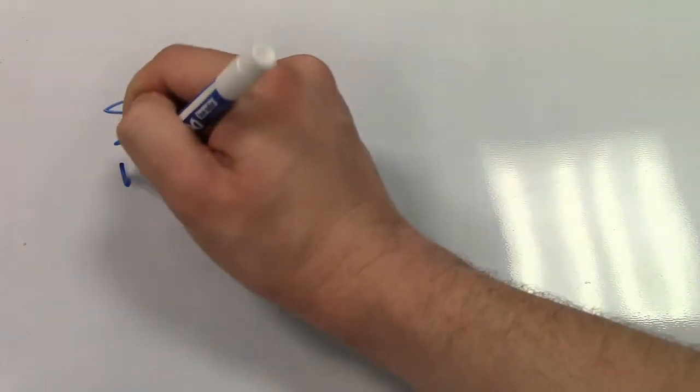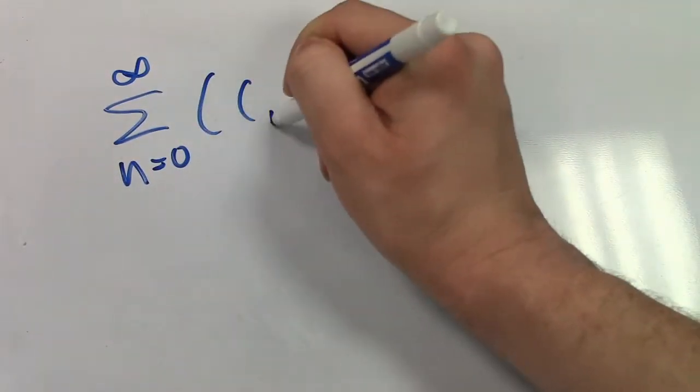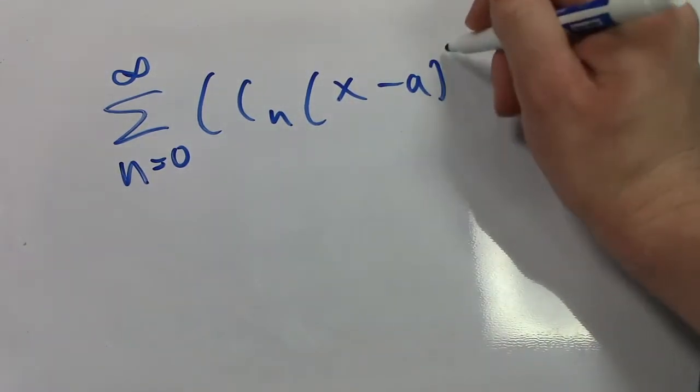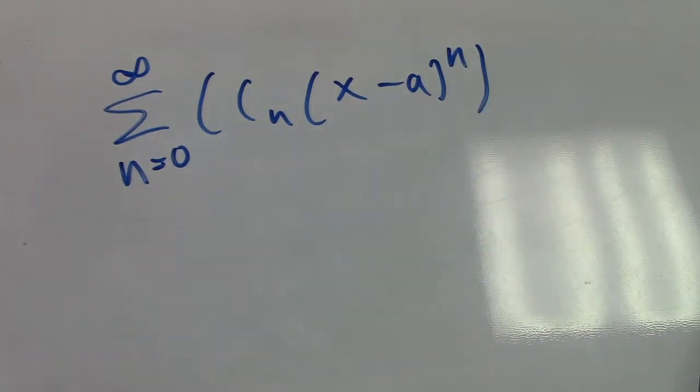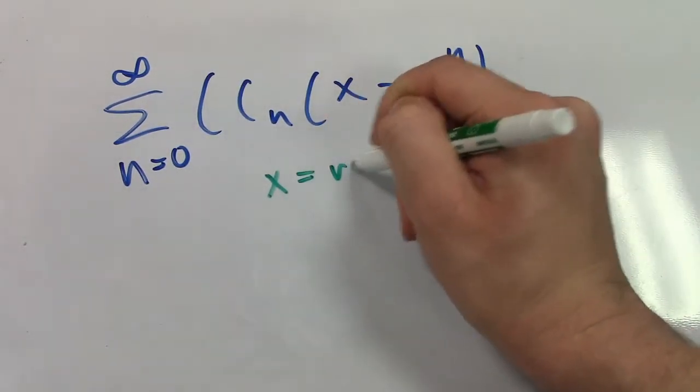Now, the general form for a power series is the sum from n equals 0 to infinity of c sub n times x minus a to the nth power. Now, I will go through each of these variables individually, starting with x, which is the variable.